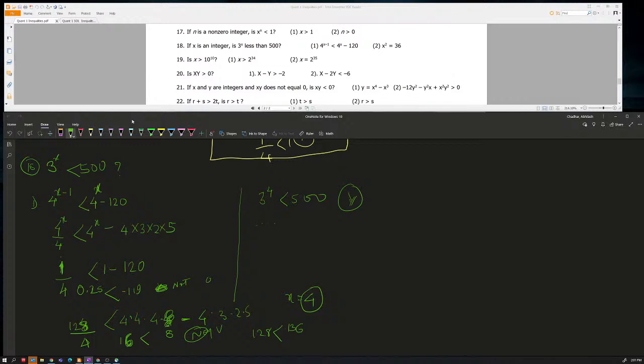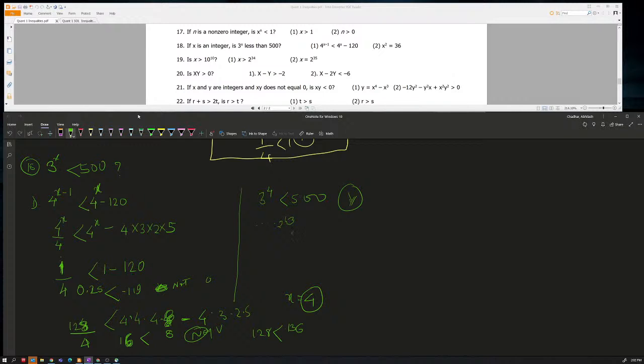For that you have to take something very greater. So if we take like 500, right? So 3 3, 6, 81, 81 into 3 will be 243. Then again into 3 will be definitely greater.